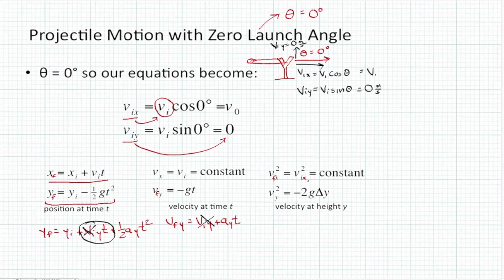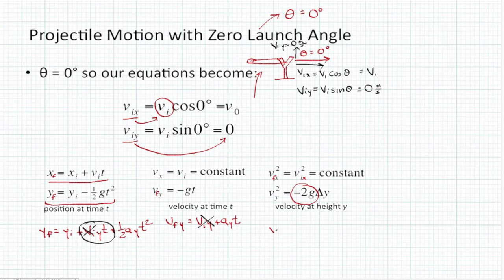It will be the same whether it just left the slingshot, or the bullet just left the gun, or whatever it is. The x component will be constant. The y component will be changing, however, because the y has gravity. It has acceleration of gravity to it.